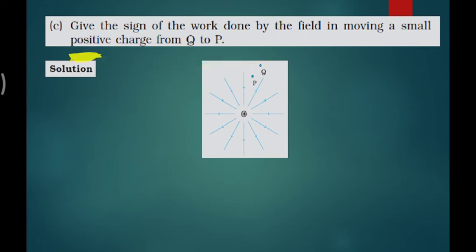This charge is positive and obviously the center is positive, so repulsion will happen. When you move from Q towards the source point, which is the P side, repulsion is more, so you will feel a negative effect.